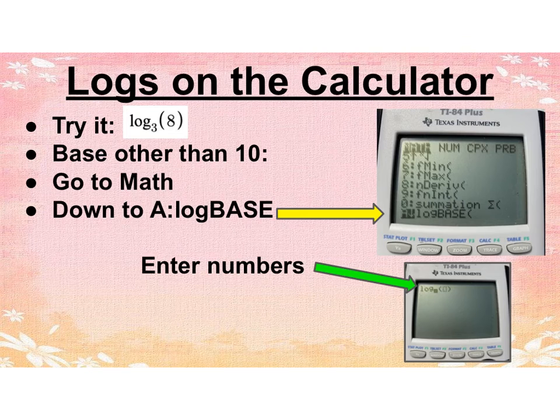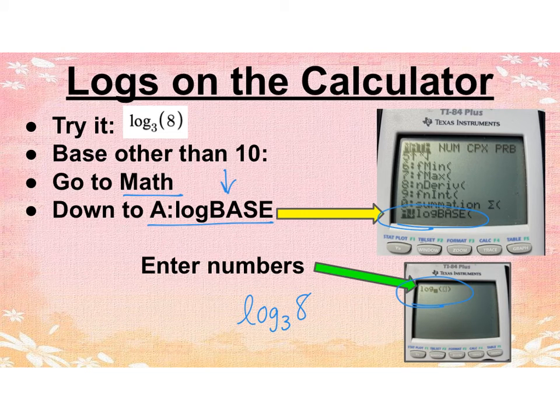So what if it's not base 10? Here we have log base 3 of x. If it's a base other than 10, you're going to have to go to math and then go down to a log base. So you want to go to this log base, and then it's going to pull up this, and you're just going to substitute it in. So you would hit the 3 first and then the 8, so you'd have log base 3 of 8. So let's just think about what we're trying to do.